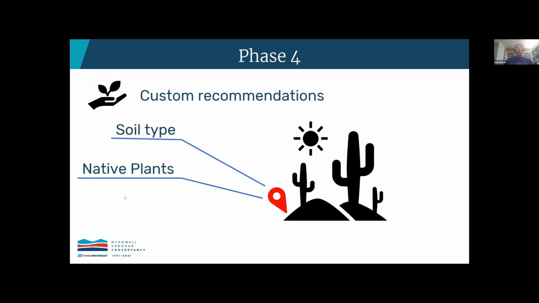So the method takes advantage of USDA publicly available information called the Web Soil Survey that basically provides a list of plants that you would expect to grow naturally in each area. We put that layer of different soil types onto the map, and then we customize the plant list based on our flora survey of the preserve and other sources. Next.